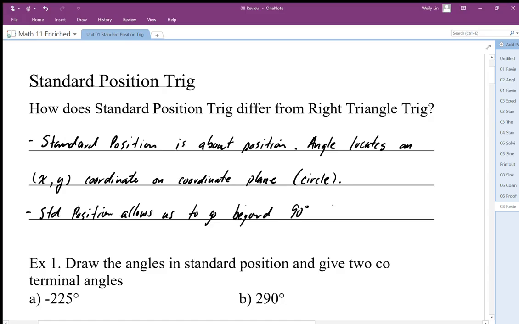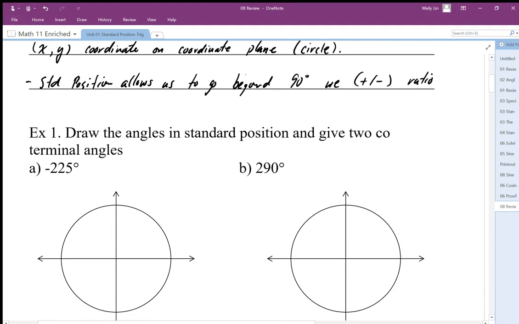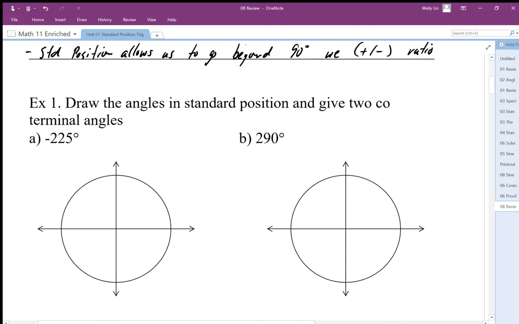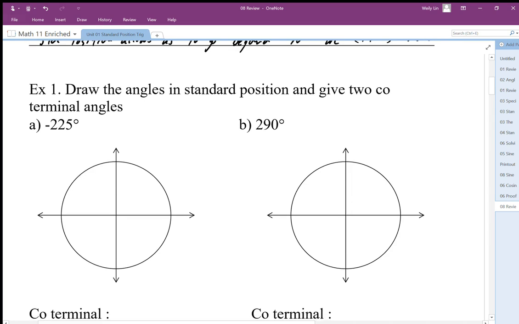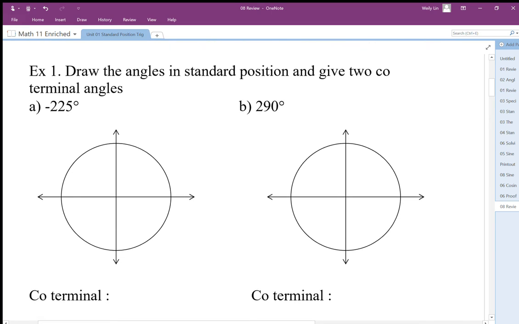And we use positive and negative ratios, whereas in right triangle trig we only use positive ratios because we're not concerned about the location, whether we're going in the positive direction or negative direction in a right triangle. So we need to be able to draw these positions on the coordinate plane or on the circle here.